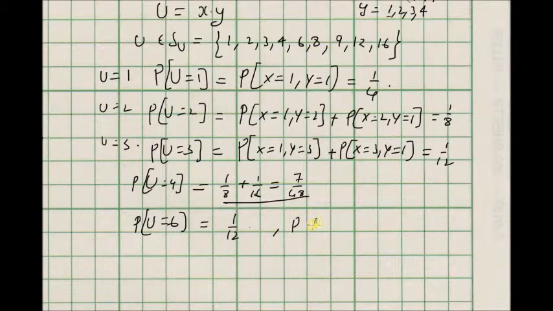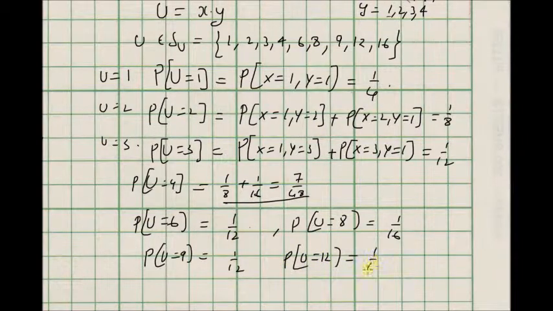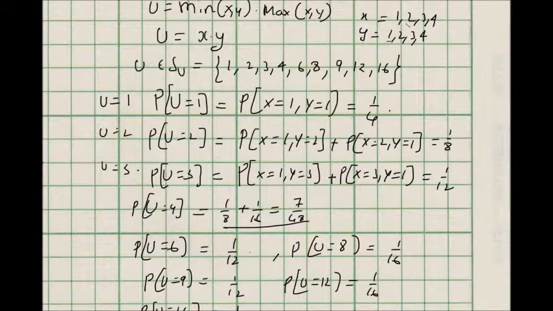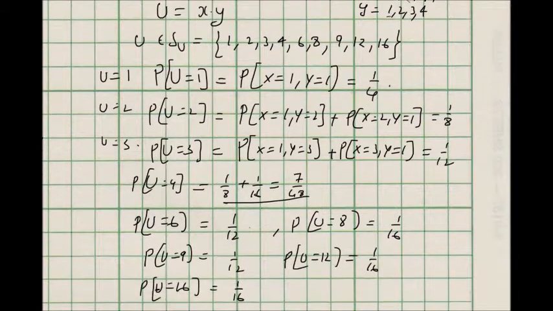For U equal to 8, we have 1 by 16, for U equal to 9, 1 by 12, for U equal to 12, 1 by 16, and for U equal to 16, 1 by 16. In this process, we can calculate the probabilities of different values of U.